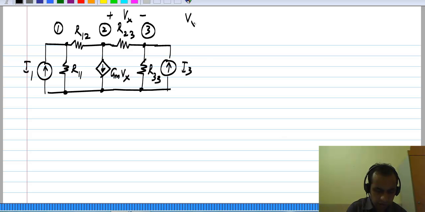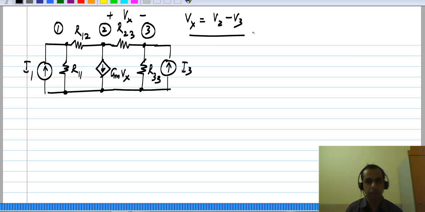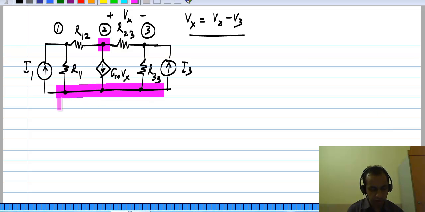So Vx is basically V2 minus V3. So first of all, it's obvious that this current source appears only in the equation for node 2 because it's connected between node 2 and the reference node. I have chosen the same reference node as I have previously done. So the equations for nodes 1 and 3 will be exactly the same as before.